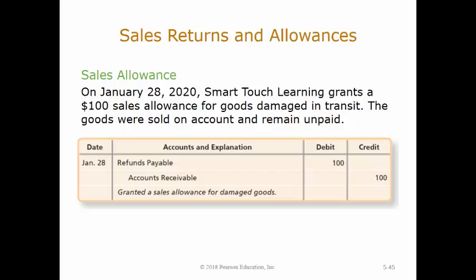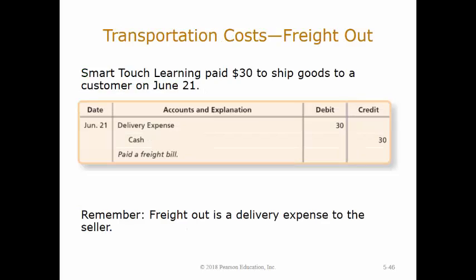Because there is no return of goods, the company does not need to record a second entry to adjust the merchandise inventory account. Suppose that on January 28, 2020, Smart Touch Learning grants a $100 sales allowance for goods damaged in transit. The goods were sold on account and remain unpaid.